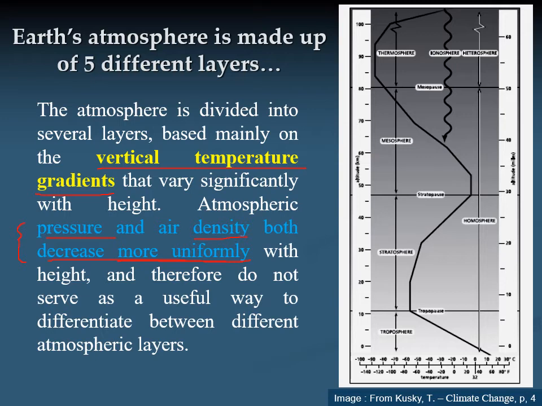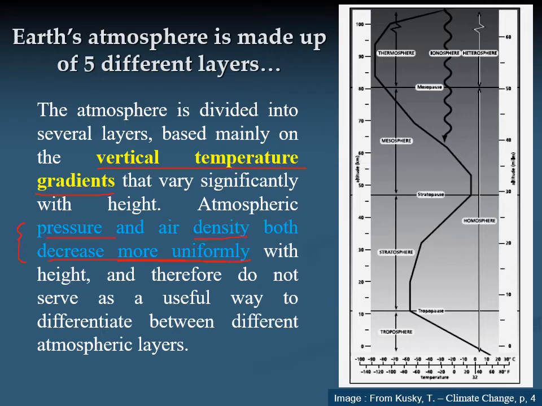So the general trend is not followed, as you can see in this picture also. From the surface, temperature gradually decreases, and at a certain level temperature increases again, then again decreases, again increases.